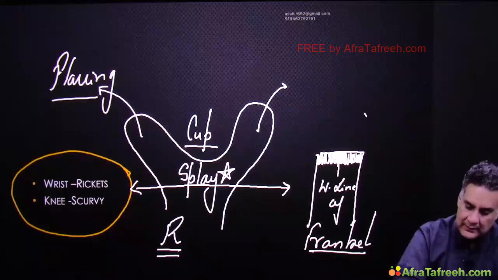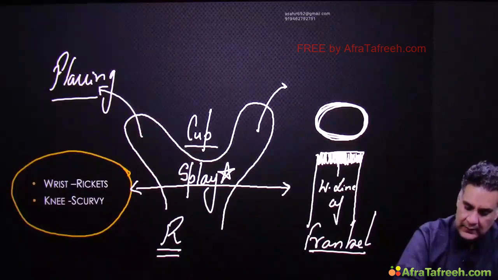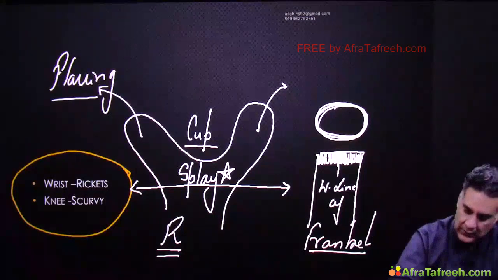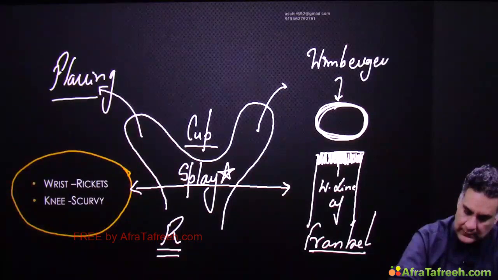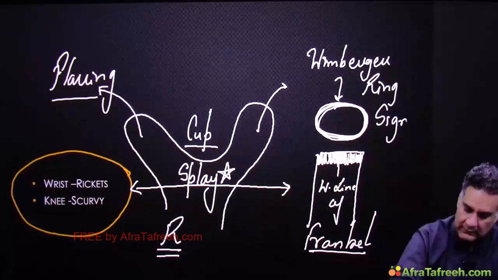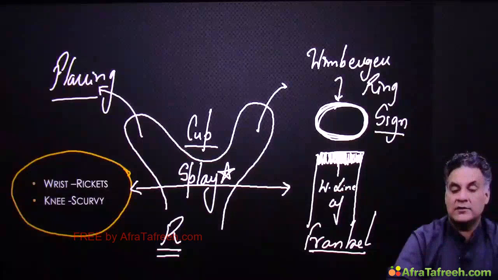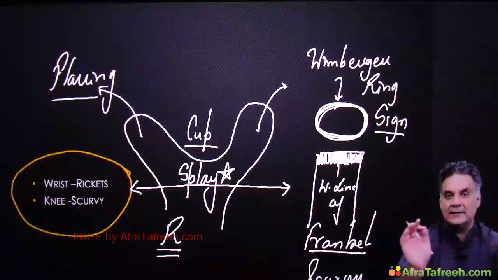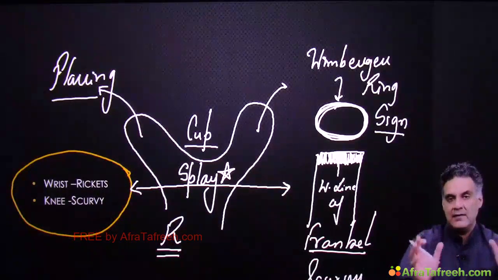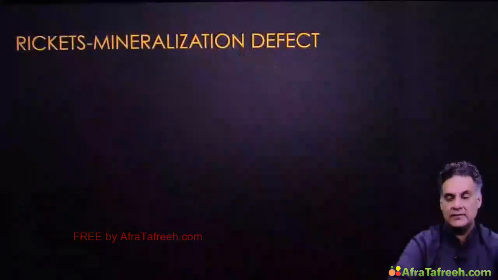Plus, if this is the epiphysis, its boundaries are again whitish, called the Wimberger ring sign. Sclerotic margin of the epiphysis is the most specific for scurvy. So widening is rickets, whitening is scurvy.